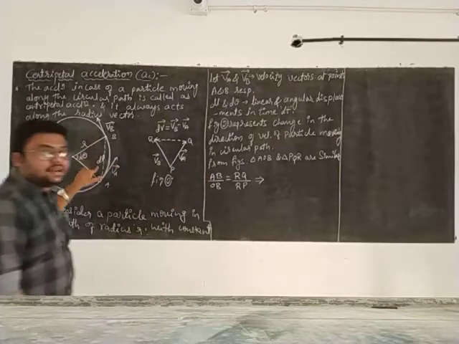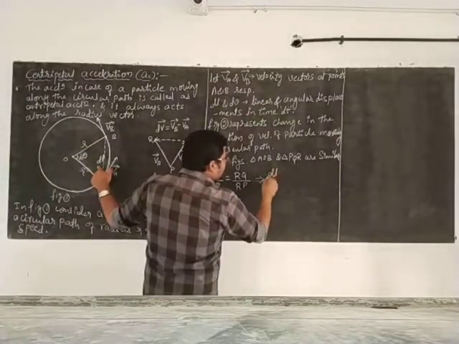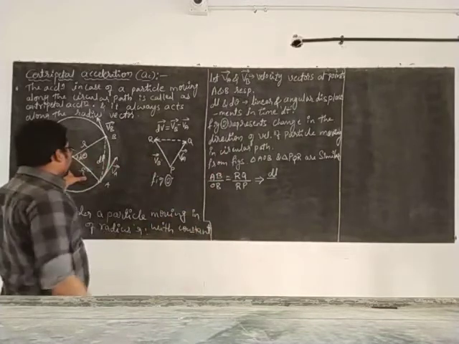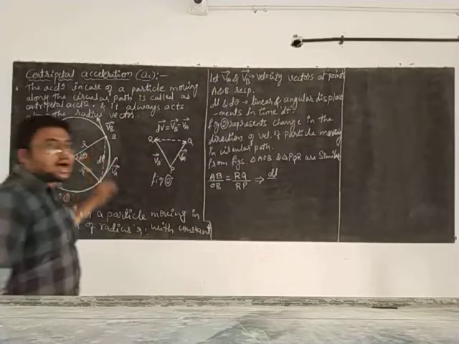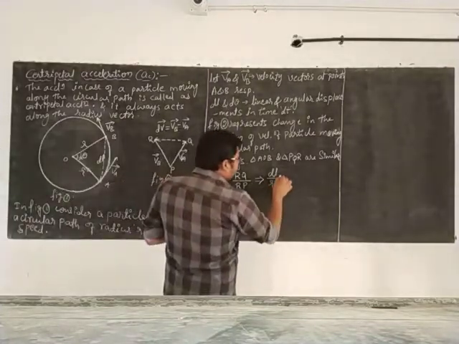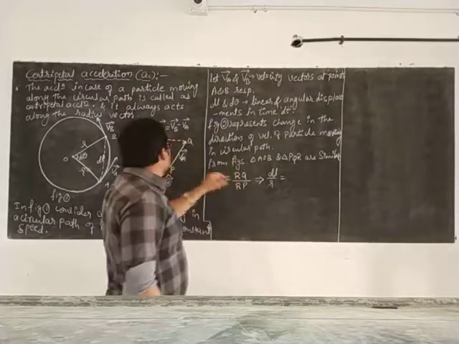AB means DL. DL divided by OB, OB means R, which is equal to R2.